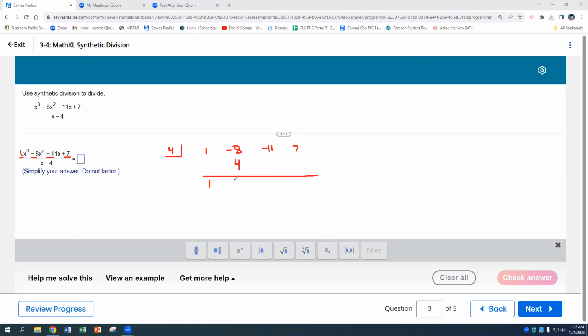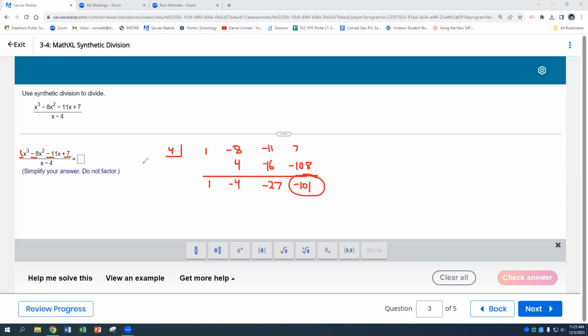We're going to add -8 plus 4 is -4. 4 times -4 is -16. If we do -11 minus 16, that's going to be -27. 4 times 27, that's 108. So -108. And then that's going to be -101. So that's our remainder.